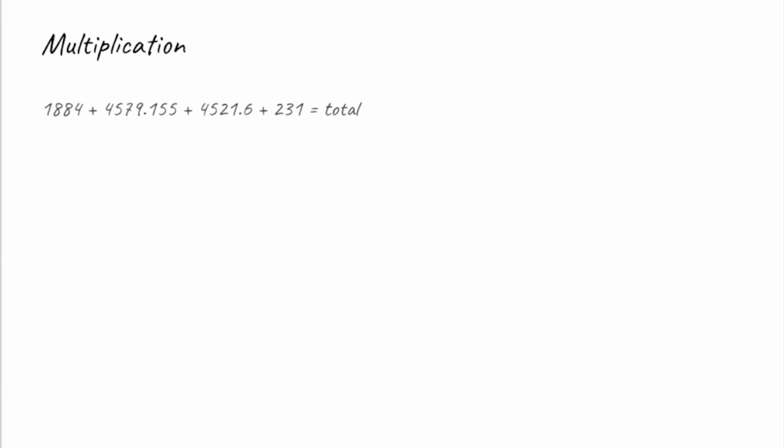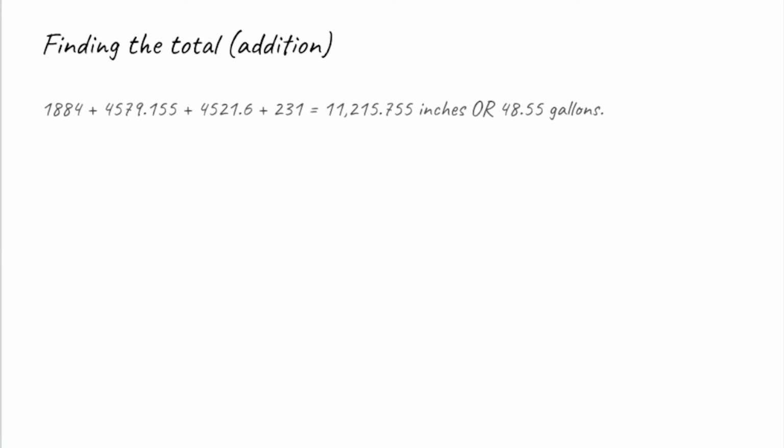So you have to multiply all of it first. So after you multiply it, you'll get 1,884 plus 4,579.155 plus 4,521.6 plus 231 for the extra gallon. So your total should be about 11,215.755 inches, or 448.55 gallons.